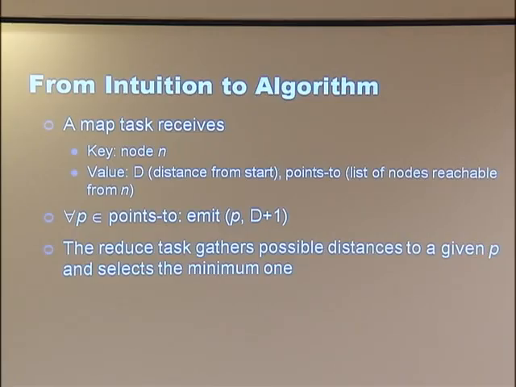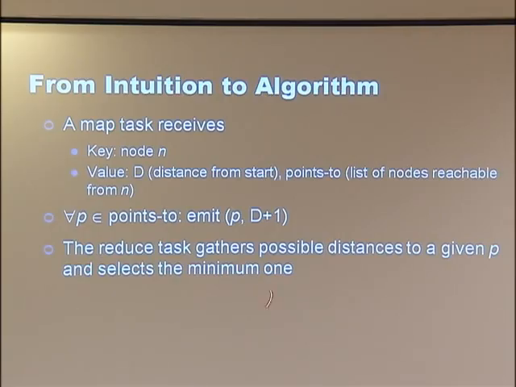What you're simply going to do is, for every one of the links that you can get to, emit that node ID plus 1. So what does that mean? That means I can get to myself with distance d, which means then I could get to all of the nodes that I'm connected to with a distance of d plus 1.